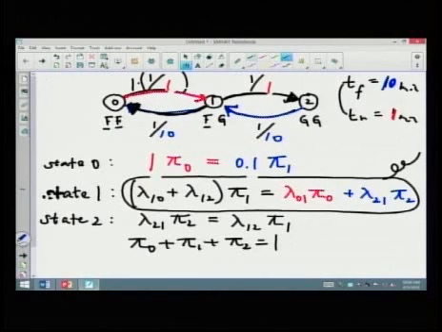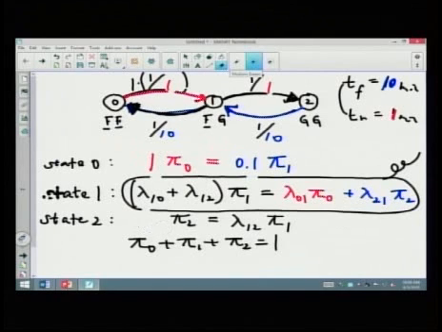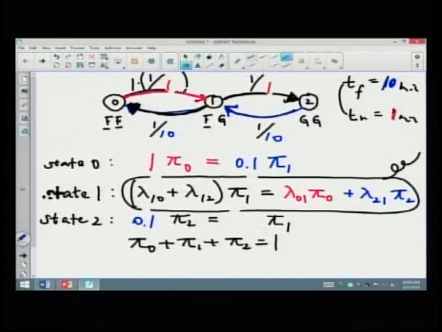Likewise, down here we have 0.1, and down here we have 1. Then what do we have from this first equation?